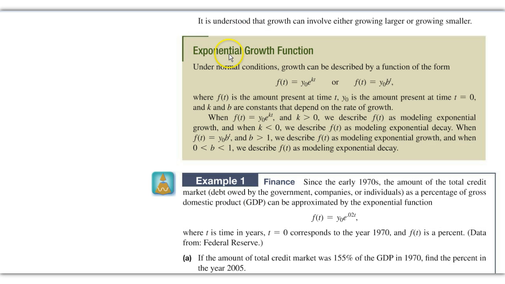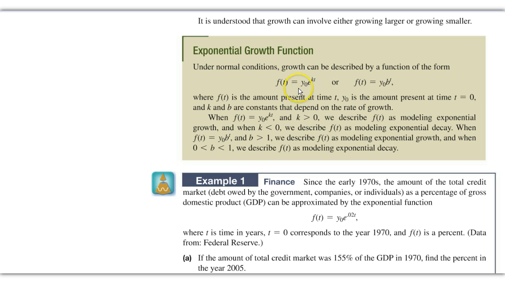We'll take a look at some exponential growth functions in a moment, but be aware that exponential growth can either get larger or get smaller. It's basically whether your exponents are positive or negative or fractions that will help determine that.